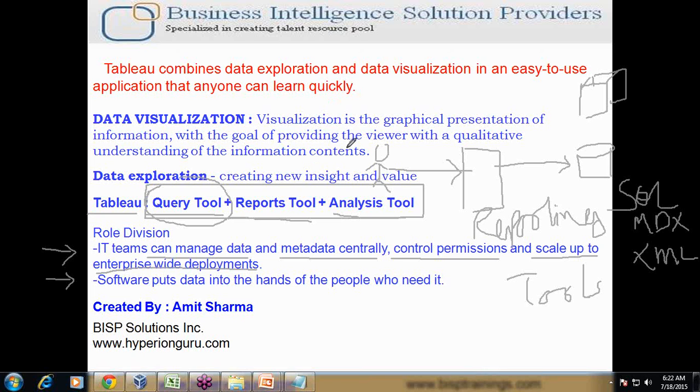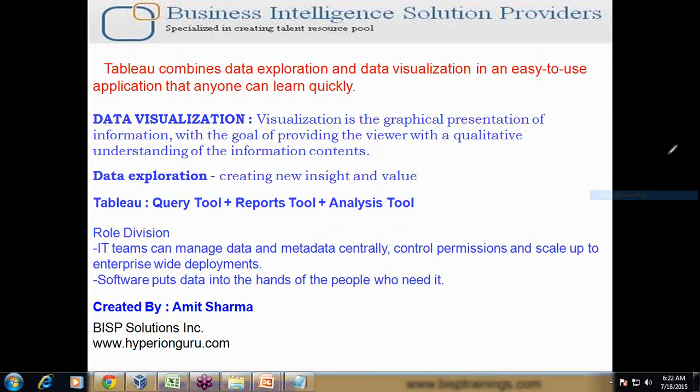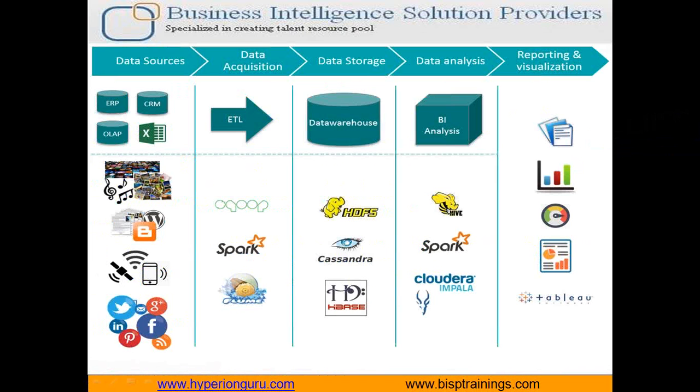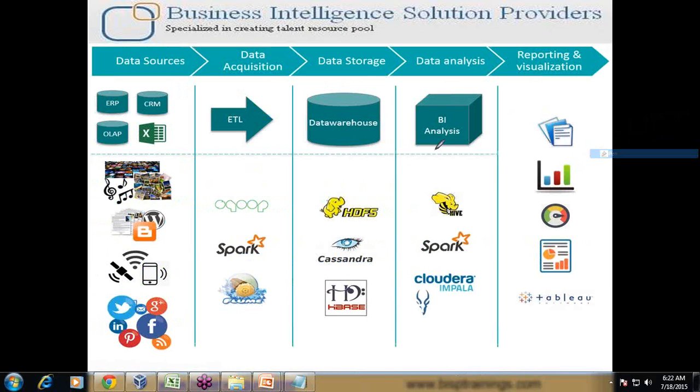If somebody asks me to work on a financial reporting model, it takes me a long time to understand how the business works, and only then can I design a report. So rather than reports being built by the technical team, they should be built by the business team itself, and therefore we use the term data analytics for all. This is the conventional model, and it is worth paying attention to, along with where Tableau fits into the picture.